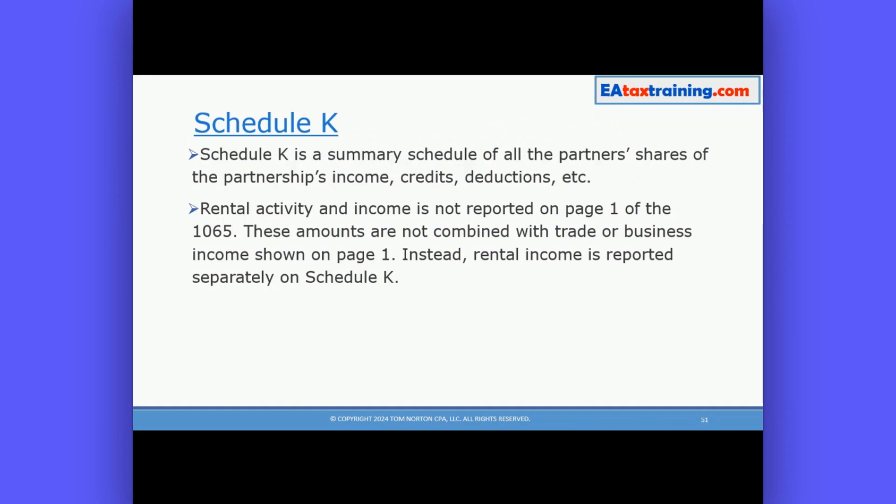It did not include rental income and expenses because they're not included there. Instead, they're reported on a separate form, and then the amounts from that form flow up to Schedule K. So these amounts are not combined with trade or business income. They are reported separately on Schedule K.